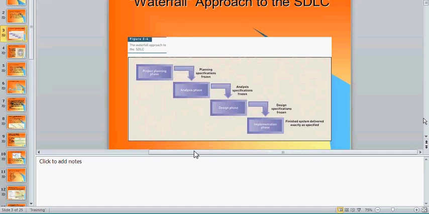Yes. So what that tells us is waterfall is easy to understand, easy to implement. Yes or no? It is a very simplified version of the SDLC. It's a very simple SDLC methodology, correct?